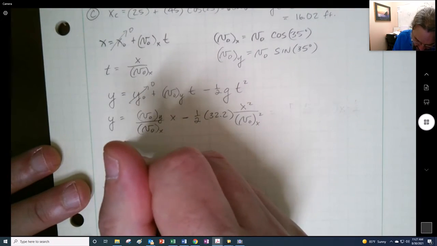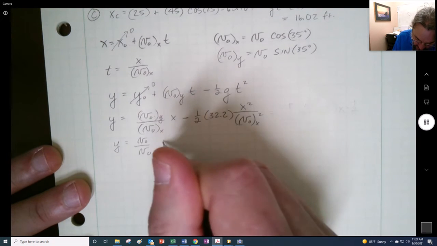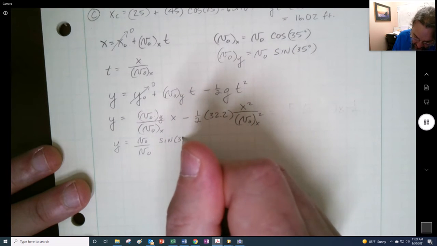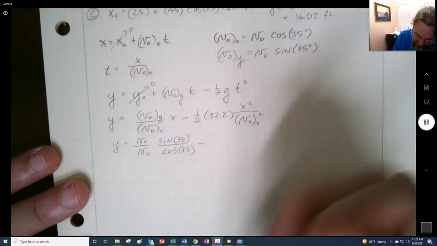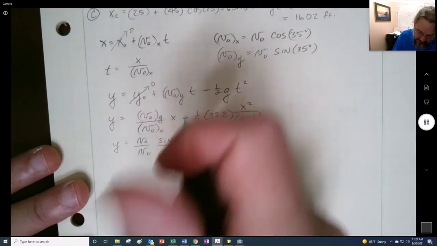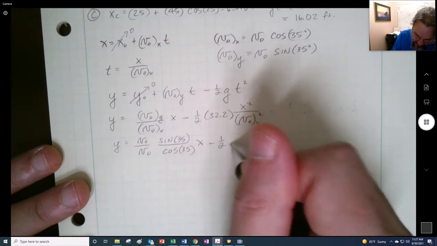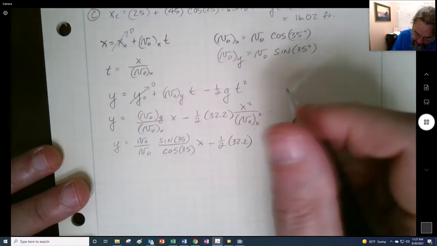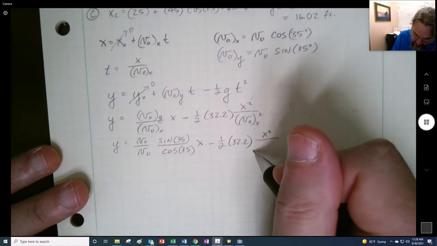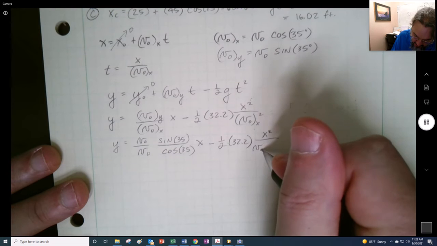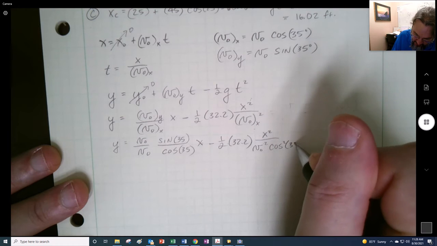So we have y is equal to, substituting in VO over VO, sine of 35 over cosine of 35 x. Don't forget the x. The x is still there. X, and then minus 1/2 32.2, and then we're going to have x squared over VO squared times cosine squared of 35.